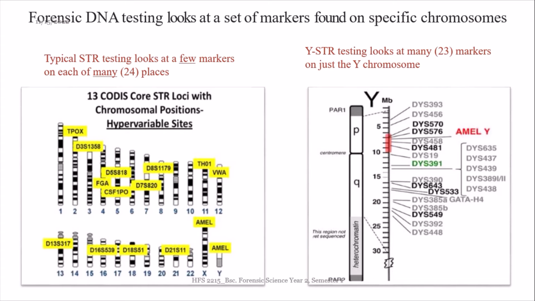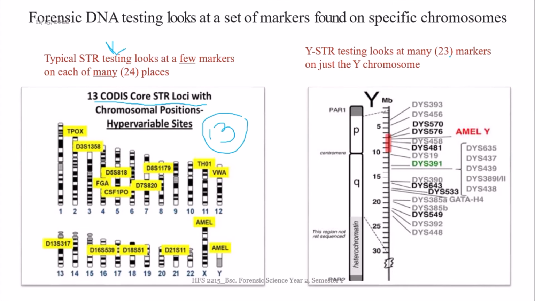Forensic DNA testing looks at a set of markers. I have already mentioned this, and we have the typical STR, or short tandem repeat, testing that looks at about 24 places, but at this point we have identified about 13 CODIS loci that are being used.